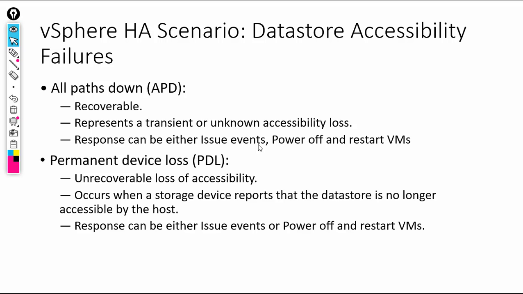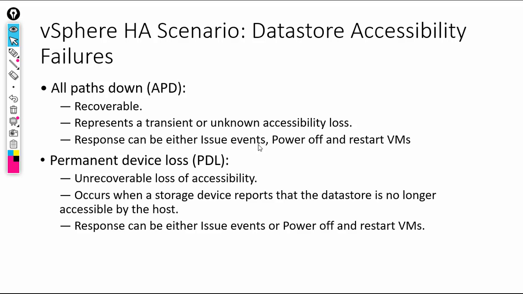And the second kind of failure is the permanent device loss. Basically it's unrecoverable, and occurs when the storage device reports that the data store is no longer accessible by the host. So if a data store is removed from the host or deleted from the storage server, this permanent device loss would happen.